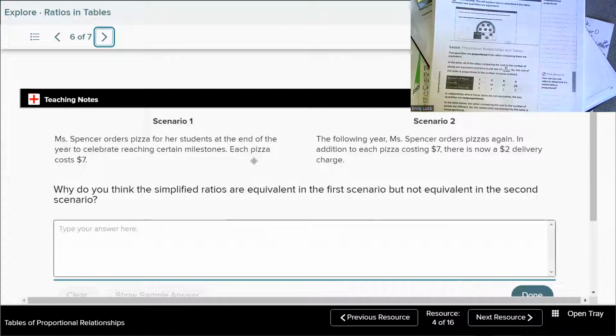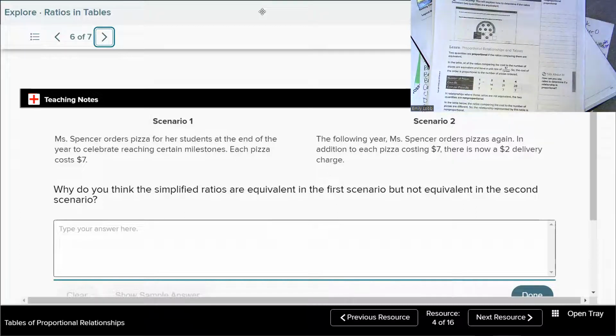All right. So why do you think the simplified ratios are equivalent in the first scenario, but not equivalent in the second scenario? Why is the simplified ratio the same in the first but not the second? Because of that $2, and it's non-proportional.